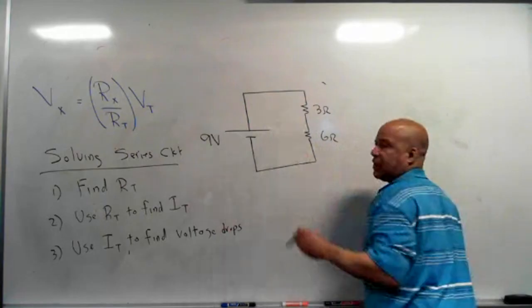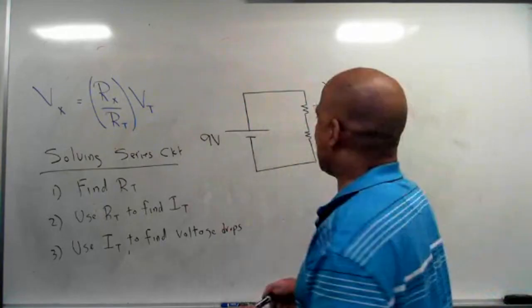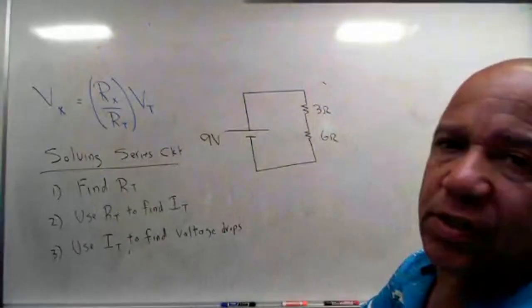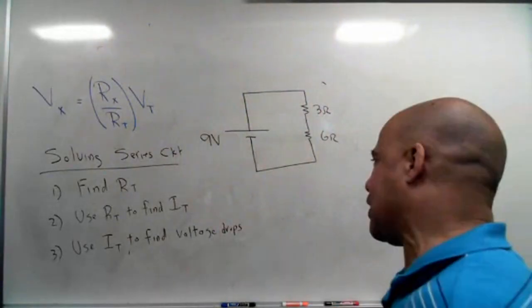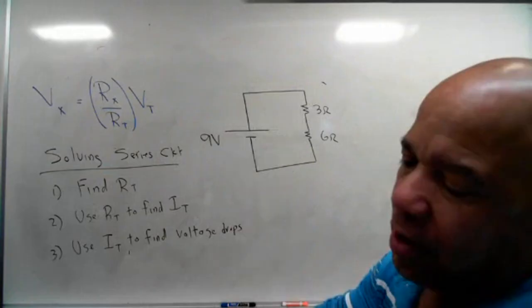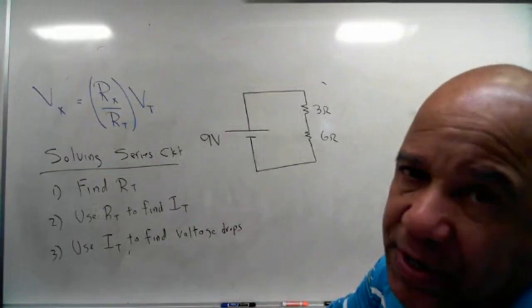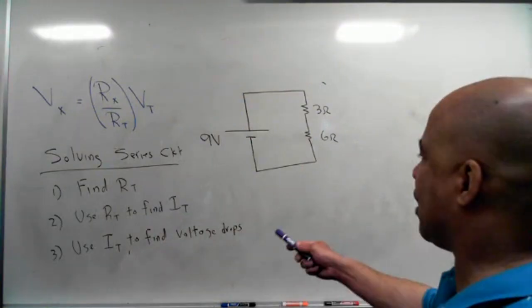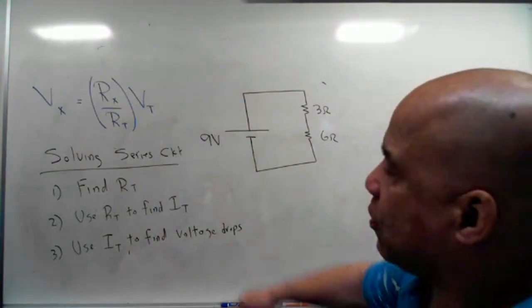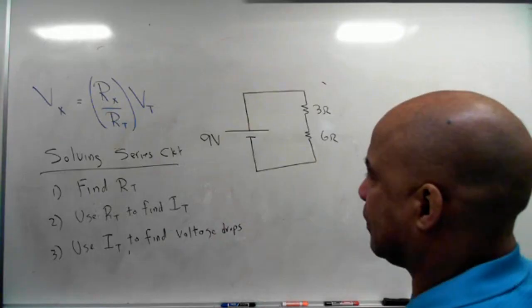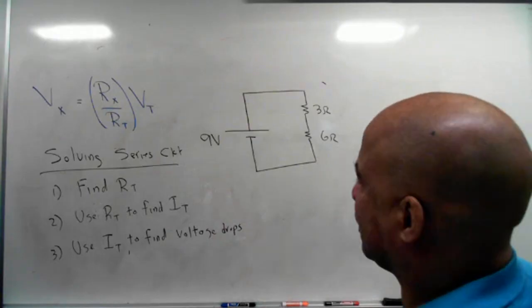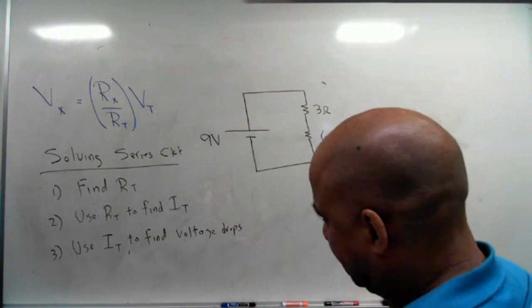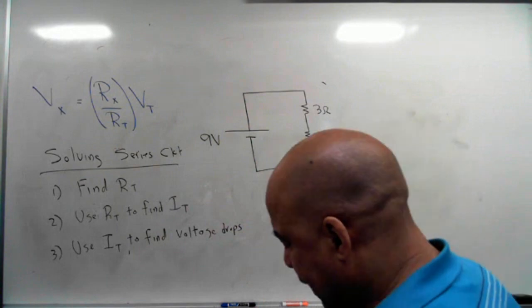And I want to solve the circuit. So by solve the circuit, what I mean is I want to see the current, all the voltage drops, and if I really want to solve the circuit, I find the current, the voltage drops, the power dissipation, everything you can tell me. I don't really care about power. Let's just solve the circuit. So let's find those values over there. So go down that list, find the values, and then solve the circuit for me. I'll give you about a minute to do that.